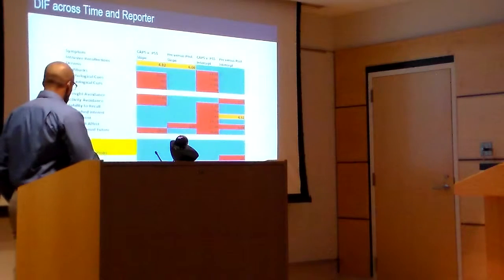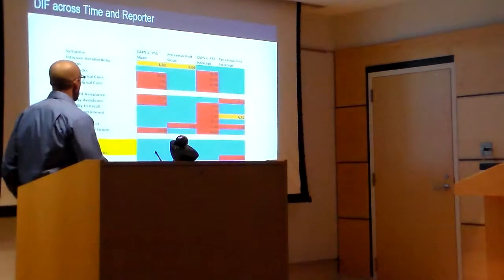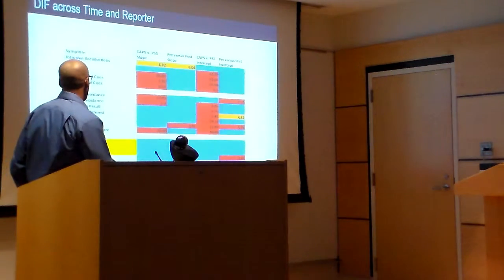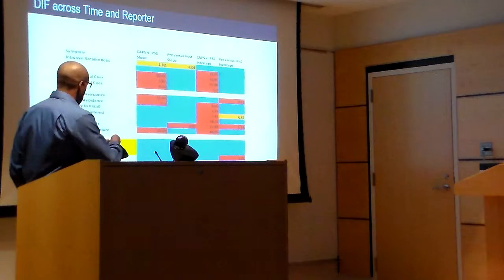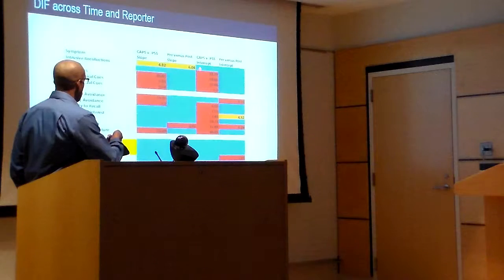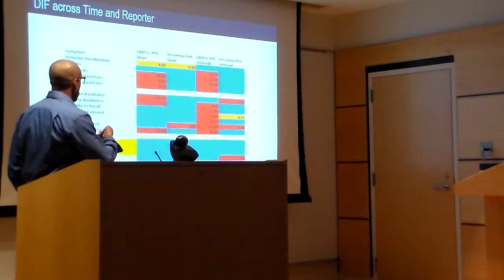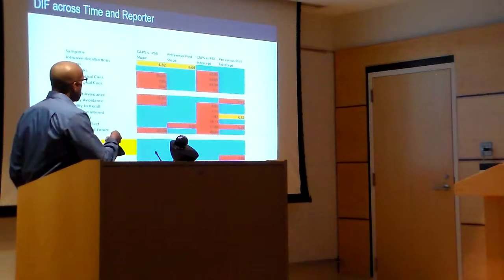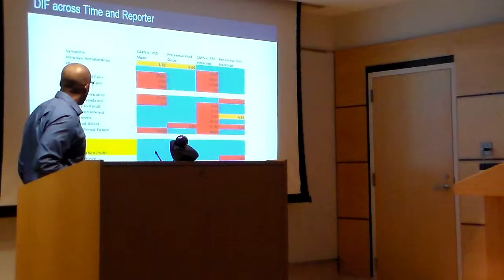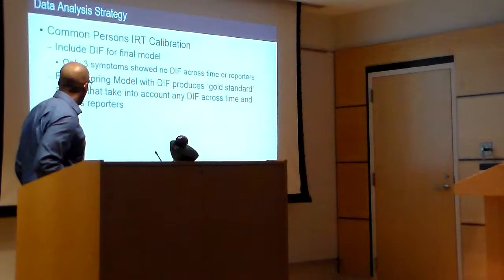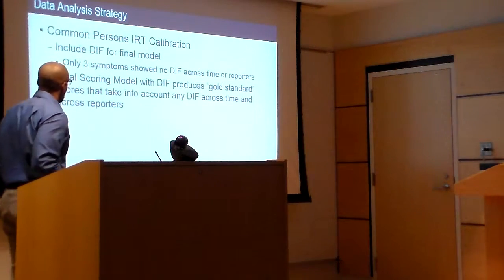Quick summary: only 3 items showed no differential item functioning: sleep, irritability, and concentration problems. Most of the differential item functioning had to do with differences between self-report and the interview, not nearly as much differences over time. So we generated scores under that model. We call those our gold standard scores.